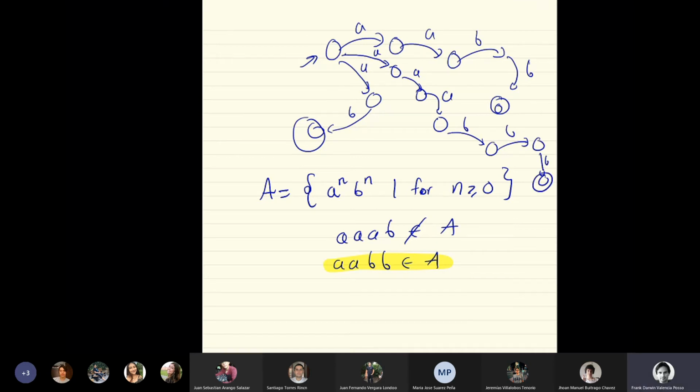And now this automaton recognizes a to the 2, b to the 2, a to the 3, b to the 3, and a to the 1, b to the 1, and so on and so forth.